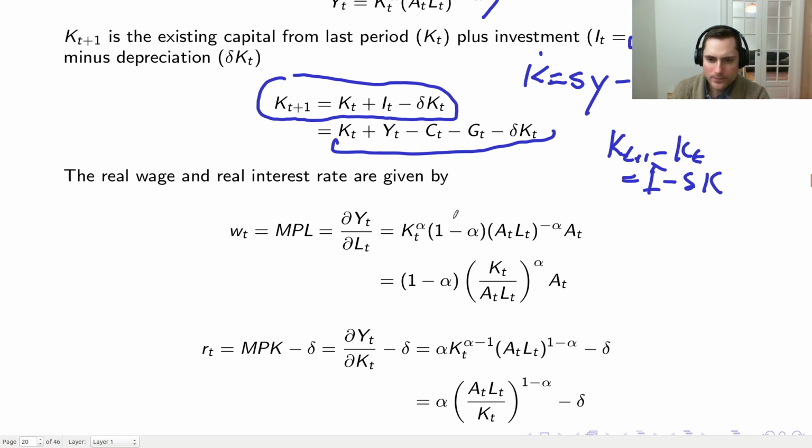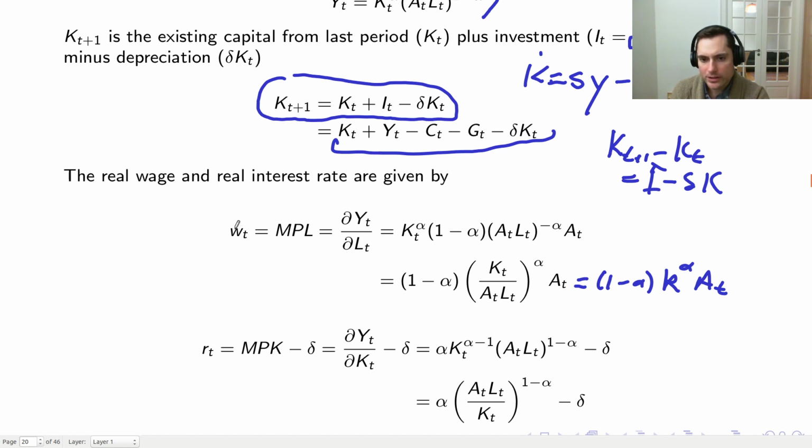So it's just going to be the marginal product of labor, right? So the derivative of the production function with respect to L. And you can see here that if you write little k, in this case it would be 1 minus alpha, little k to the power alpha, A_t. Okay, so this is good.